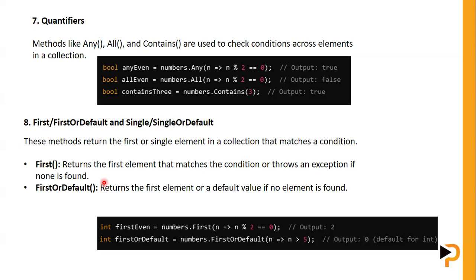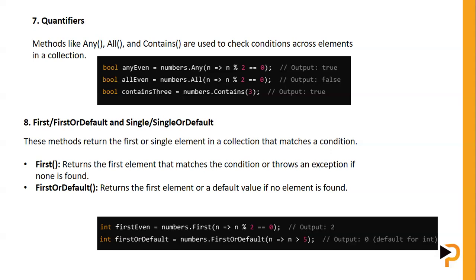Now, FirstOrDefault returns the element, or a default value if no element is found. So what happens in First is that if no match is found, it throws an exception. But in FirstOrDefault, it either returns the first element which matches the criteria, or it returns the default value if no match is found.